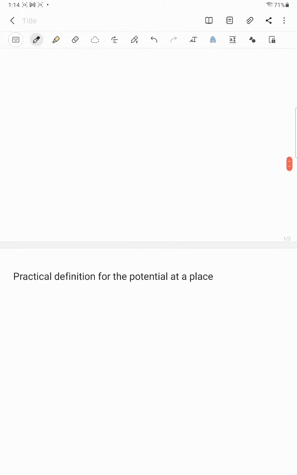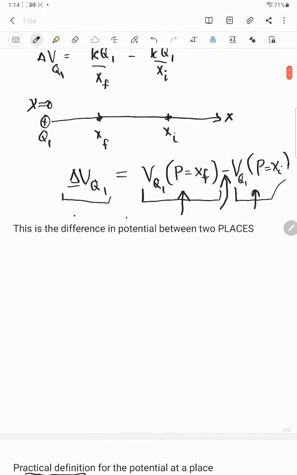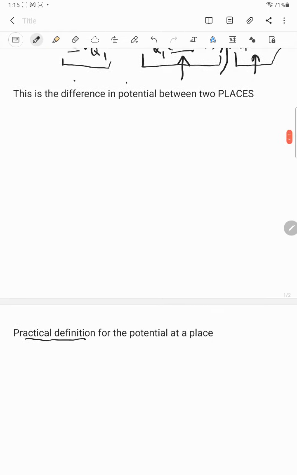So I want in this lecture video to show you a practical definition for the potential at a single place, and you can use this practical definition to always calculate the differences, because you would know how to calculate the individual values at one place and at another place, and then you can always get the difference yourself starting from this particular definition.